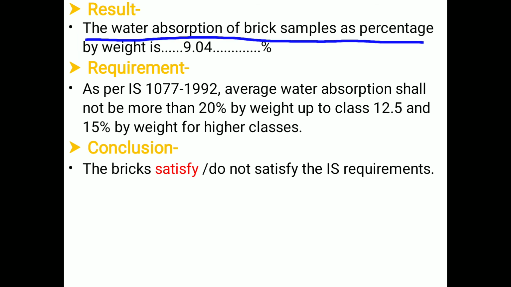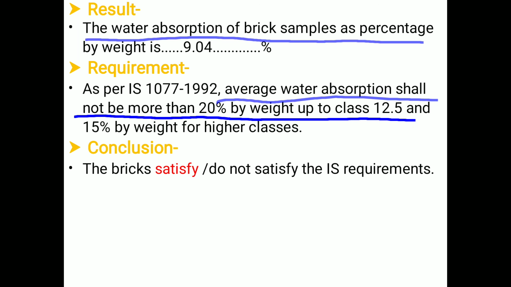The requirement as per the IS specification is that average water absorption shall not be more than 20% by weight up to class 12.5, and 15% by weight for higher classes. Now as the class of the brick goes on increasing, the water absorption goes on decreasing, because the quality of the brick also increases and the porosity decreases.